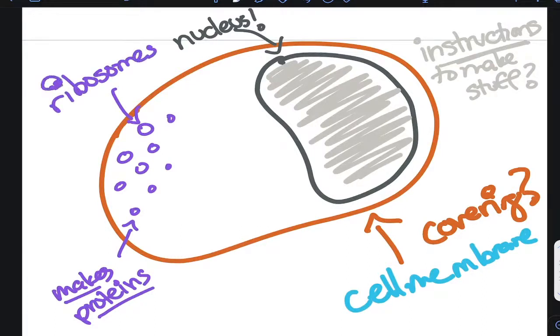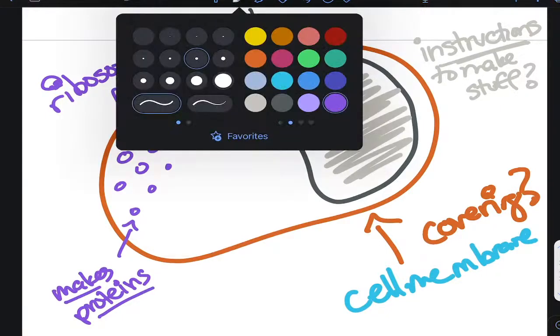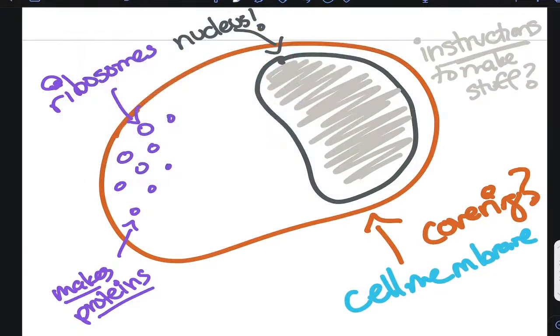Great. But remember, we need energy to make stuff. We can't just make stuff for free. You can't just start a car without gas. What is the part of the cell that makes the energy from sugar? What part of the cell takes sugar and turns it into energy?